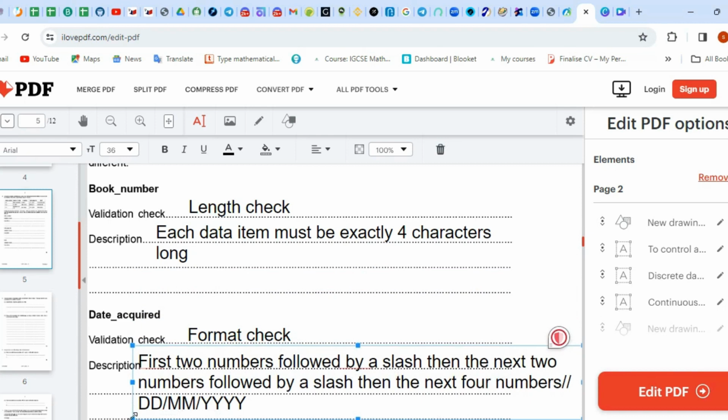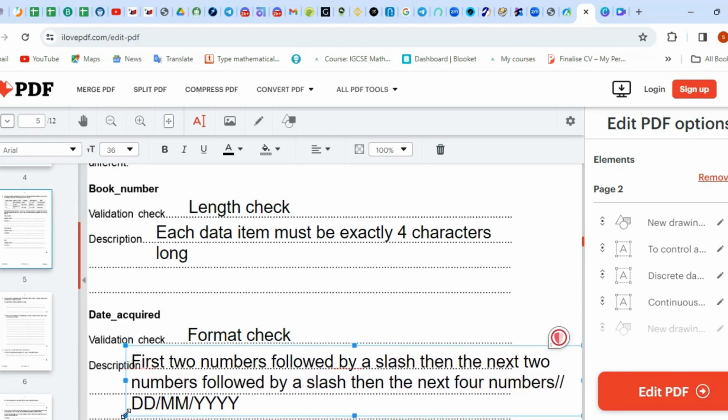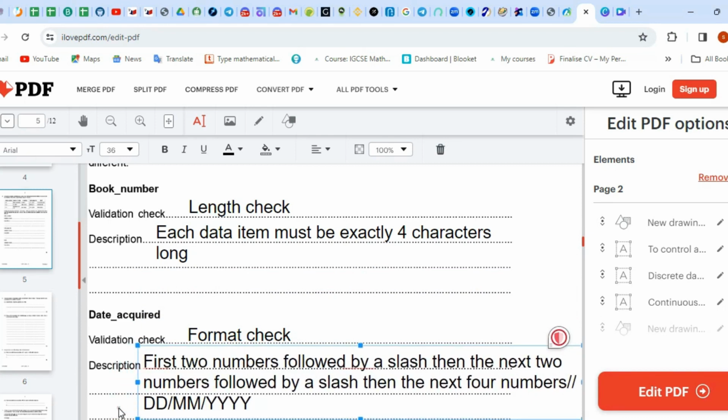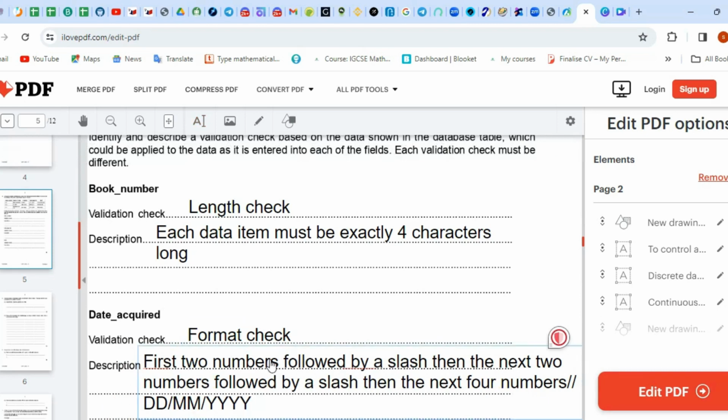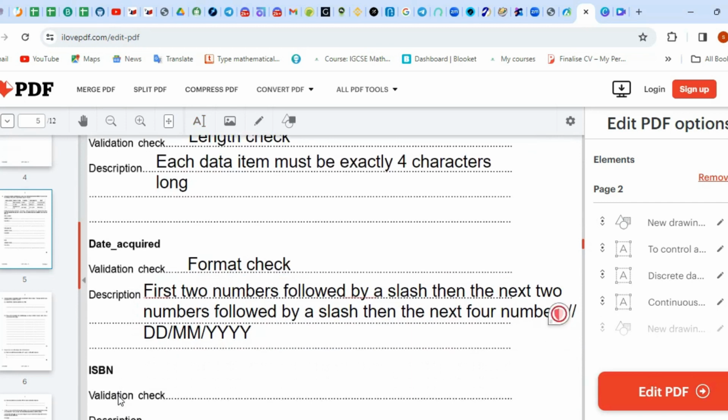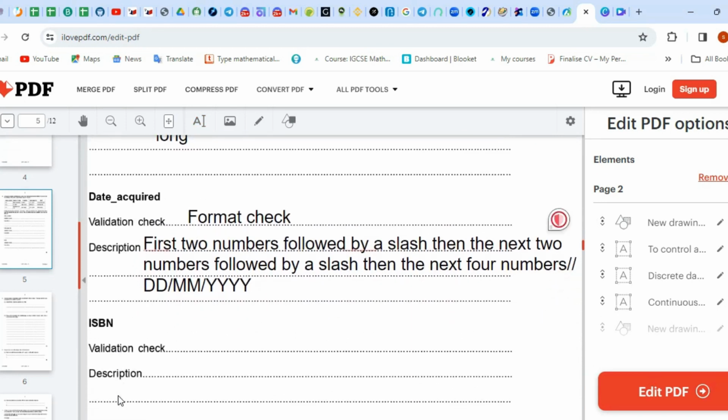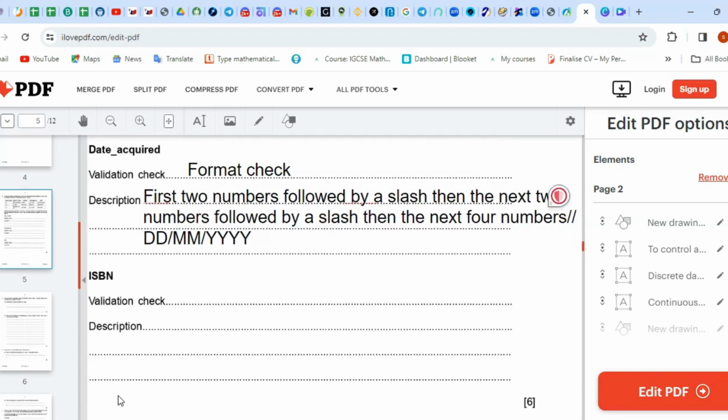So the date will always be the day, followed by the month, then followed by the year. This is a format check. We also have other checks there. Just like I told you earlier, we can have a range check under this. Then the last but not the least is what?